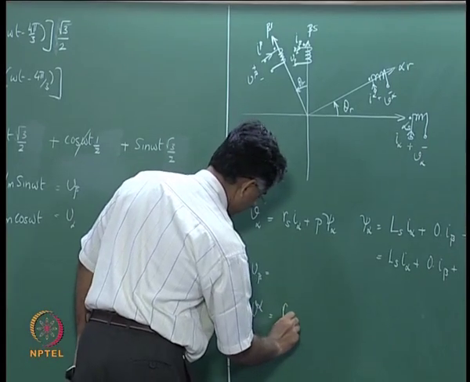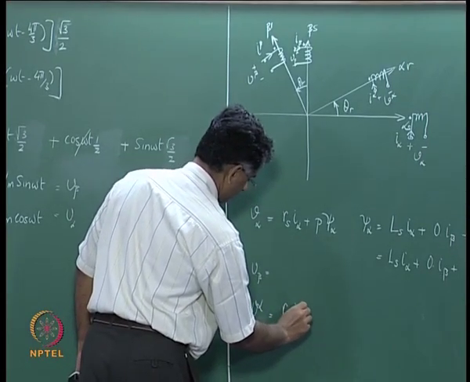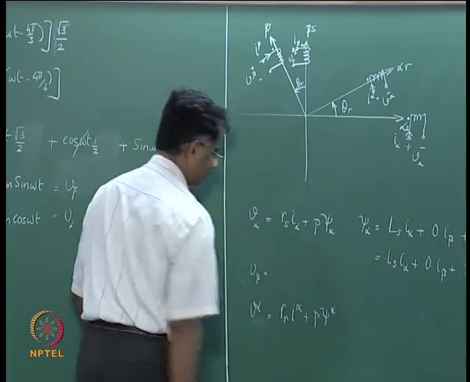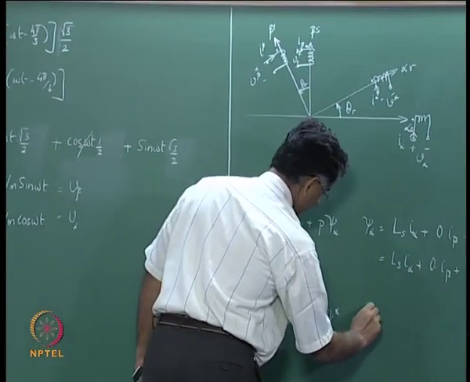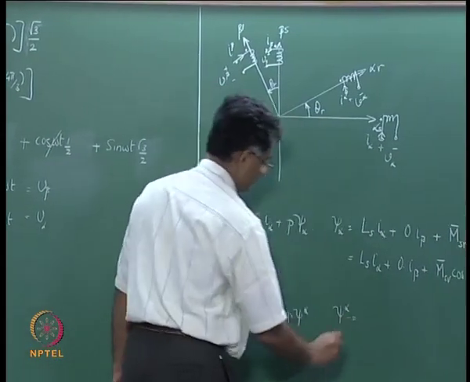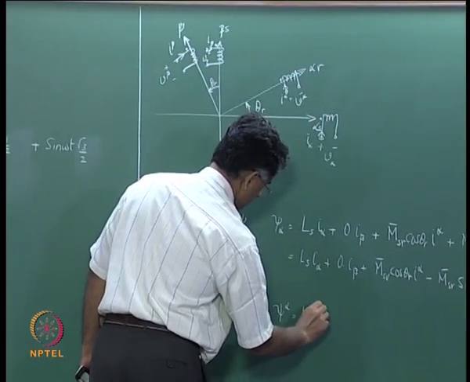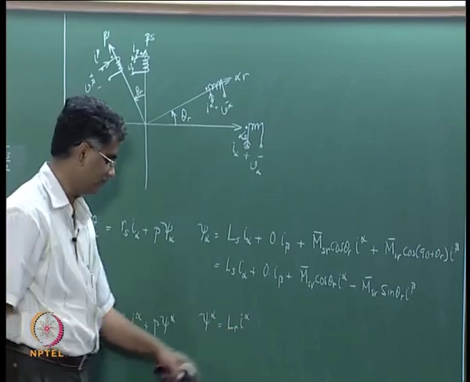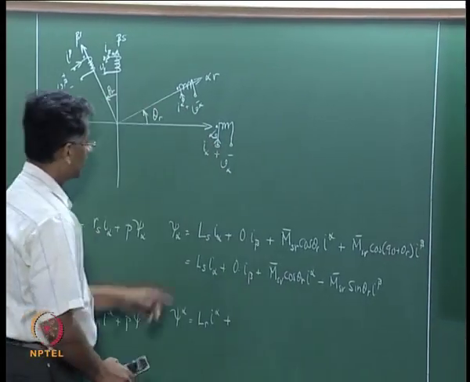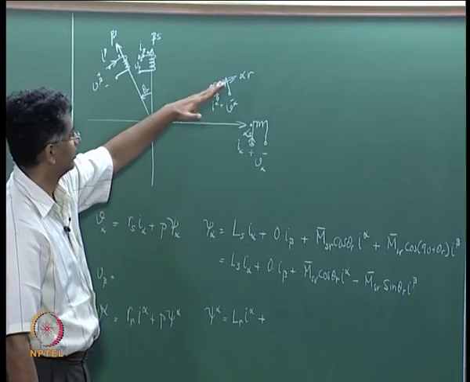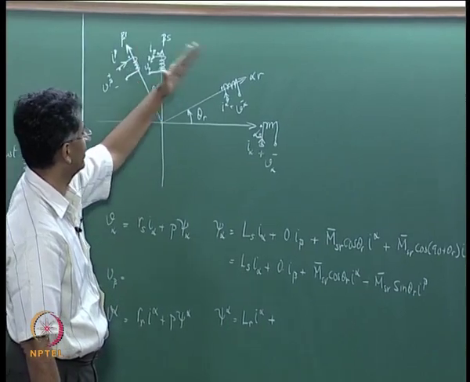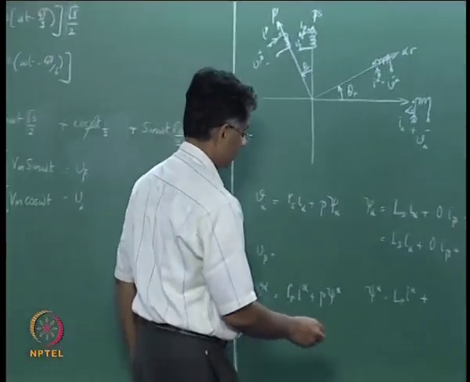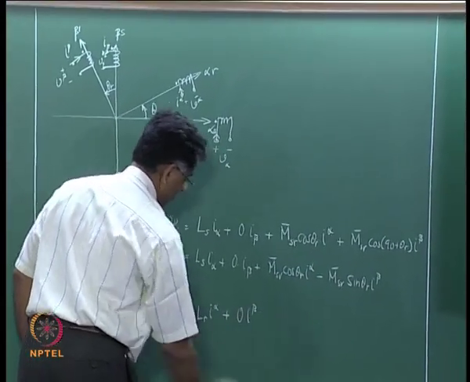V alpha is RR into I alpha plus P times psi alpha, and where the expression for psi alpha will then be LR into I alpha, that is self inductance multiplied by the flow of current in itself, plus there will be no mutual flux linkage between the coil alpha r and beta r, because they are stationary with respect to each other and separated by 90 degrees, and therefore there will be no mutual linkage due to that. So you have 0 into I beta.